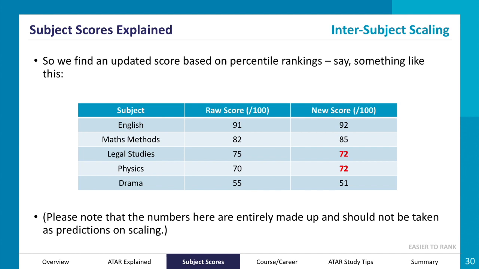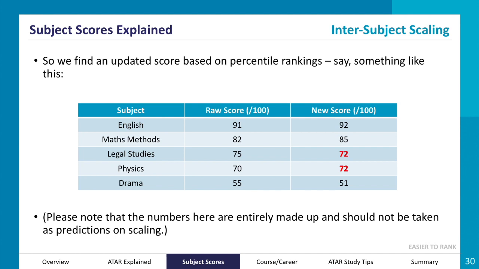What you might notice is, again, in this totally made up fictional example, a raw 75 in legal studies placed that student at the 72nd percentile, but a raw 70 in physics also placed them at the 72nd percentile.